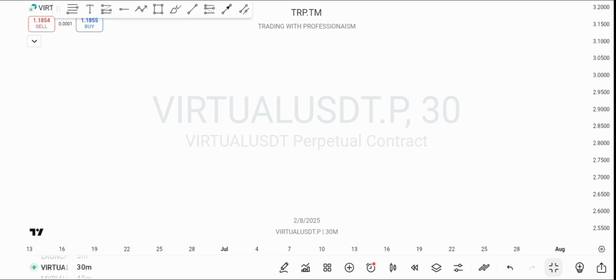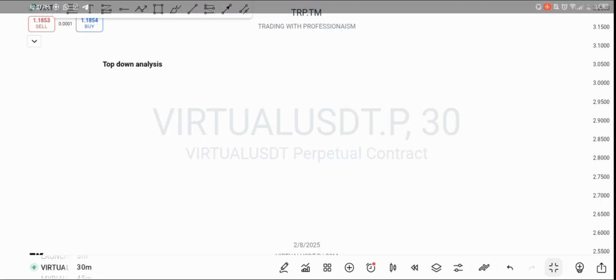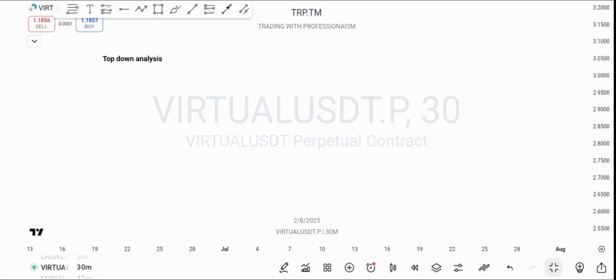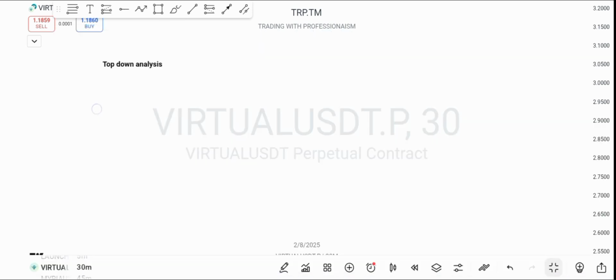The first thing you must do is your top down analysis. You must do your top down analysis first, so you have to utilize different time frames.